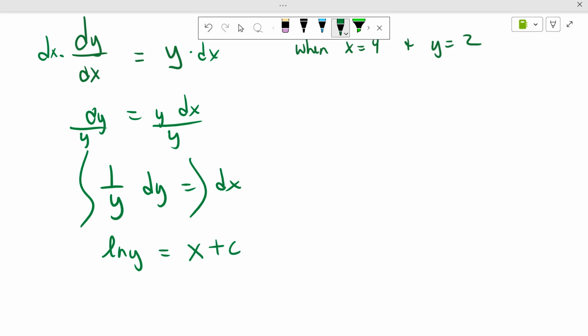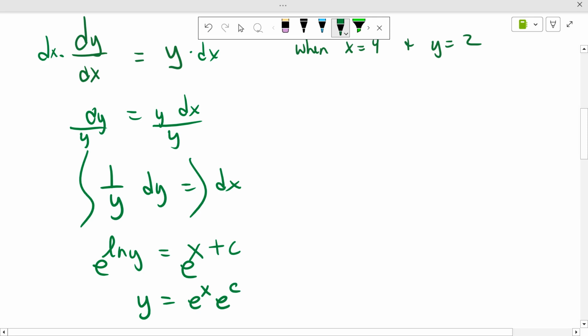So I want to get y alone. How do I get y alone in this case, Zarya? E both sides. So if I e both sides, y equals e to the x plus c, or e to the x times e to the c. What's e to the c?